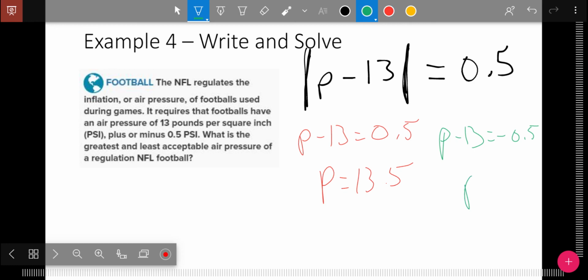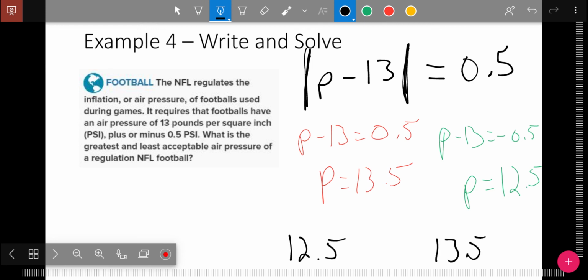Over here I get 12.5. Add 13 minus 0.5 is positive 12.5. And so the least it could be is 12.5. The greatest it could be is 13.5. If I wanted to graph that real fast, it would just go 12.5 to 13.5, and anything in between the two of them would be okay.